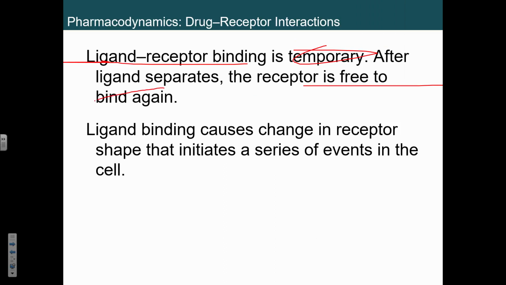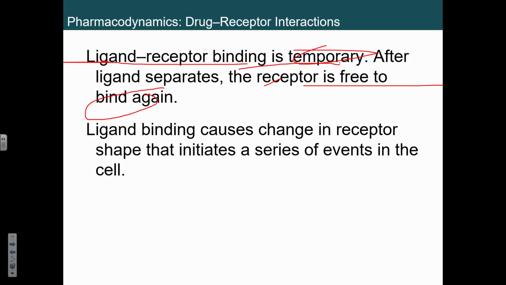It could bind somewhere again, that's a possibility. Or once it's released, that inactivation step could come in. We could break down that receptor or that ligand. We could sweep it up. Whatever could happen there, but it's not a permanent binding, which is great.